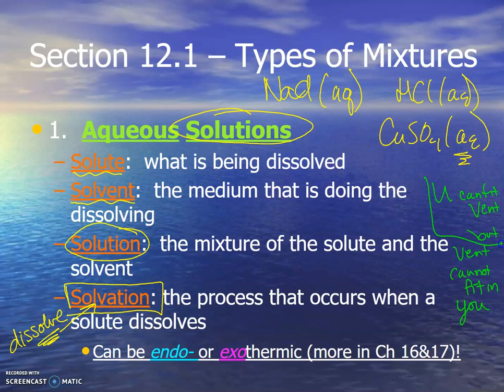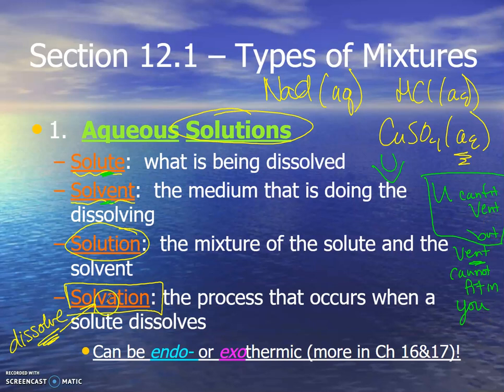So the solute goes into the solvent, the U and the V, but the V could not fit in you because that would be very bad if somebody vented through your chest like that. But you could fit into like a storm vent or an air vent or something like that.